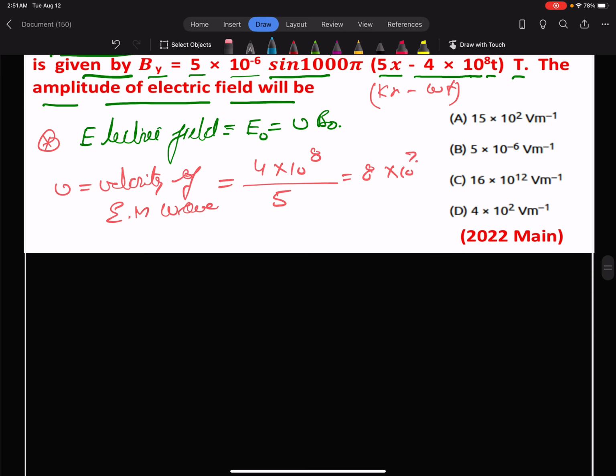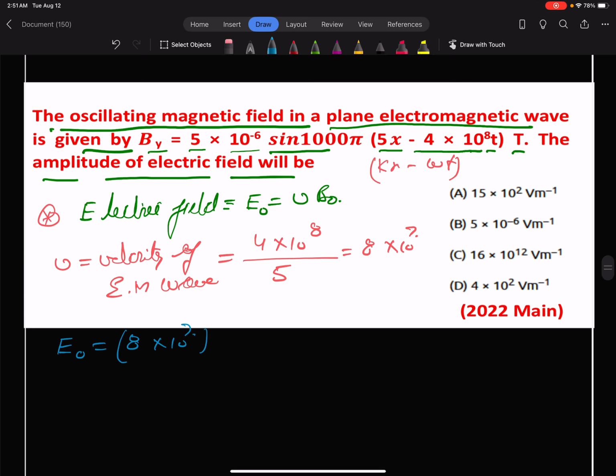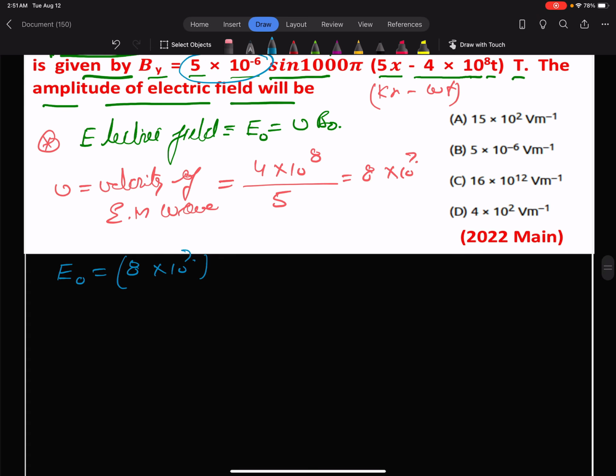Therefore, our E naught will be equal to 8 into 10 to the power 7 times B naught, 5 into 10 to the power minus 6, and this comes to 4 into 10 to the power 2 volt per meter. So option D is correct.